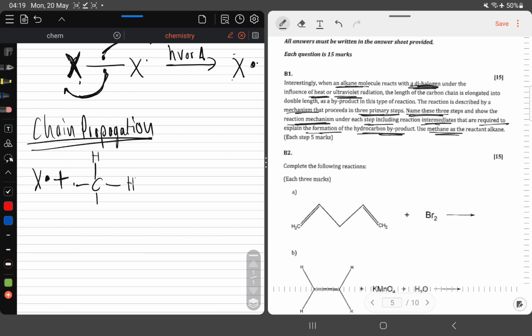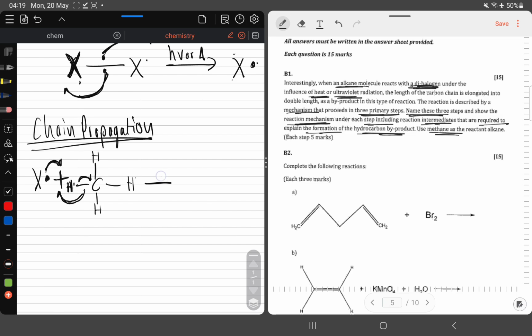Here's your methane like this. Don't forget what then happens: one of the hydrogens is coming to the X, but the other electron is going back to carbon.